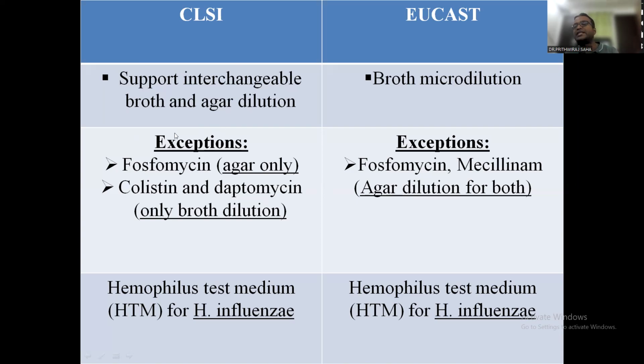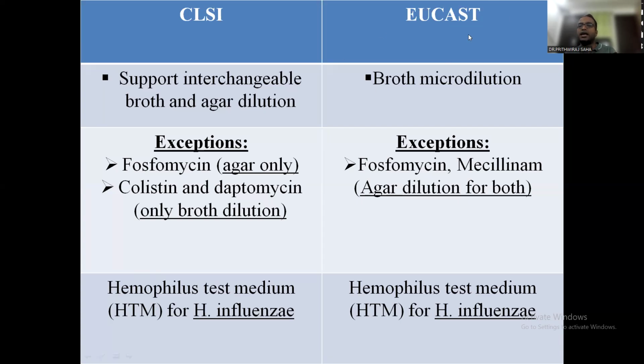But for fosfomycin, they have recommended agar dilution, whereas for colistin and daptomycin, only and only broth dilution. Right, so it is very important. Colistin is by broth dilution, but we do it by automatic method. So sometimes what is coming susceptible or intermediate may come resistant in the broth dilution. We will be discussing why colistin is always given I, right?